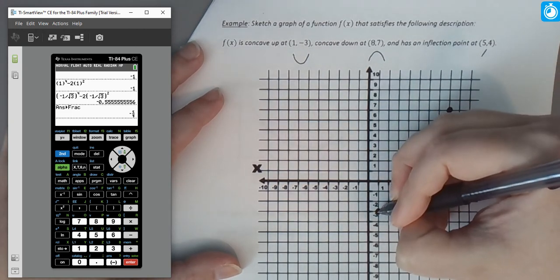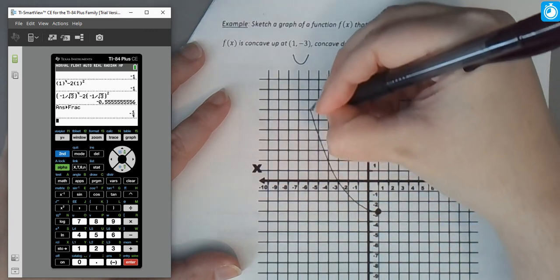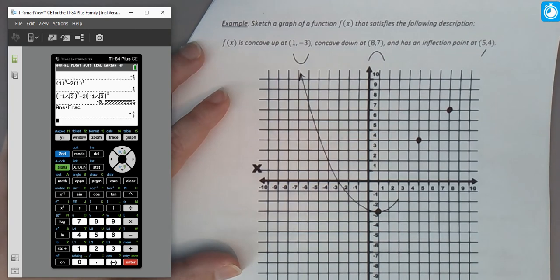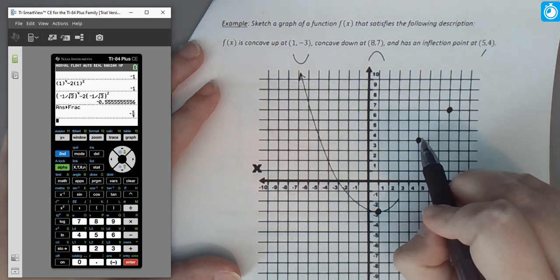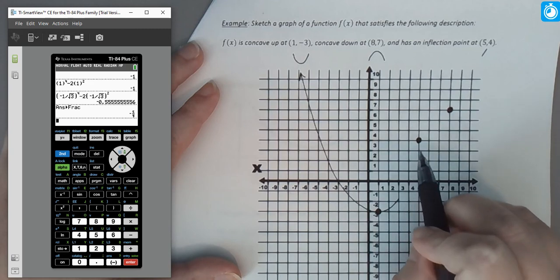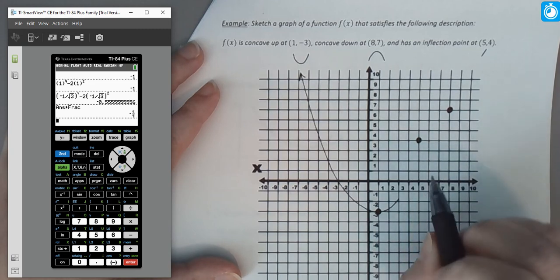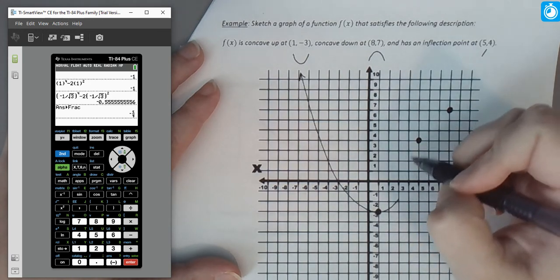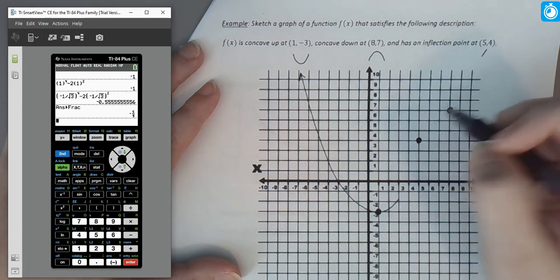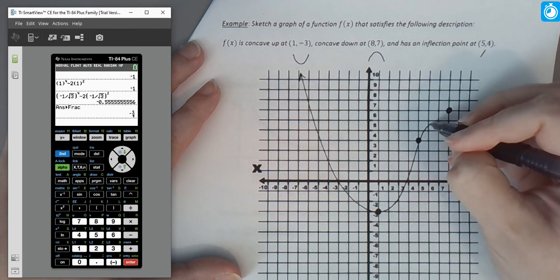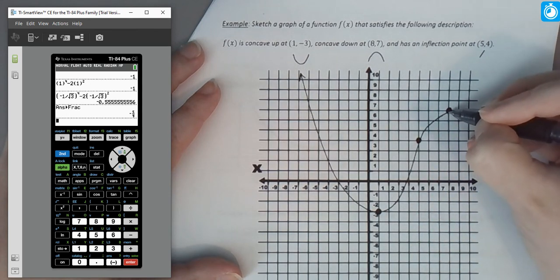So we're concave up at this location, so maybe we have something like this, and then concave up. Now we change our curvature here, which means we continue to be concave up until we get right there, and that is exactly where the concavity changes. That's where we change from concave up to concave down. So that's the transition point. So we have to be careful. That's where we suddenly transition to being concave down.